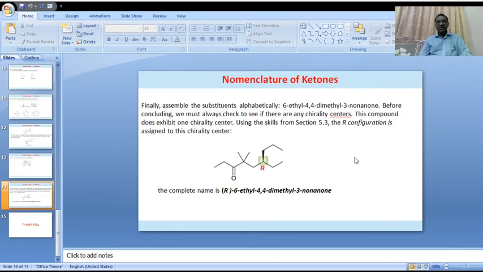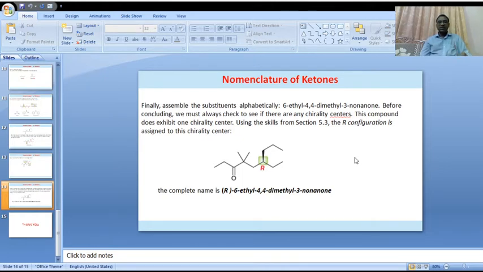Isomerism in aldehydes. Aldehydes show two types of isomerism: chain isomerism and functional isomerism. Chain isomerism is based on the carbon chain.